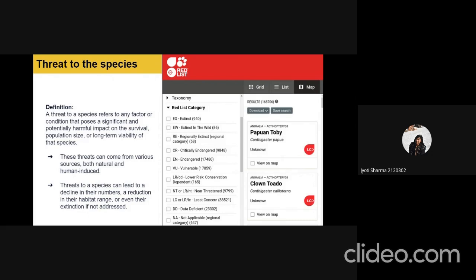So this is near threatened. Then lower risk, vulnerable, endangered, critical. So from there to there, we have to conserve more if something is happening. So we have those numbers. So you can see we will have some impact if the species get extinct. So let's see.